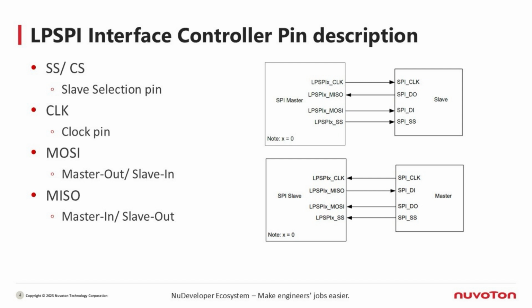In master mode, MISO is an input that receives the data sent by the slave. In slave mode, MISO is an output, but it only drives the line when its own SS is pulled low, meaning the master has selected that particular slave. And that covers the 4 essential signal lines used by SPI.